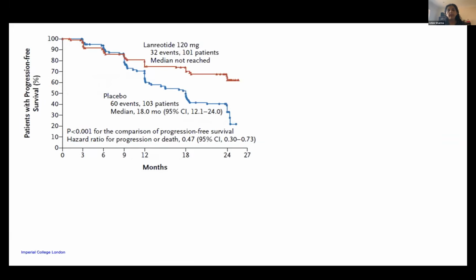From the progression-free survival curves, with lanreotide the median progression-free survival wasn't reached, but with placebo, the median progression-free survival was 18 months. So it came with a hazard ratio of 0.47 in favor of using lanreotide.